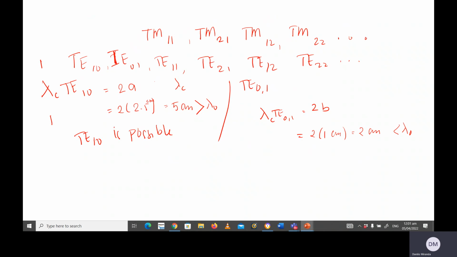So kung ganon, hindi siya feasible. So we could say na hindi magpo-flow ang signal. Okay, so TE01 mode is not possible.